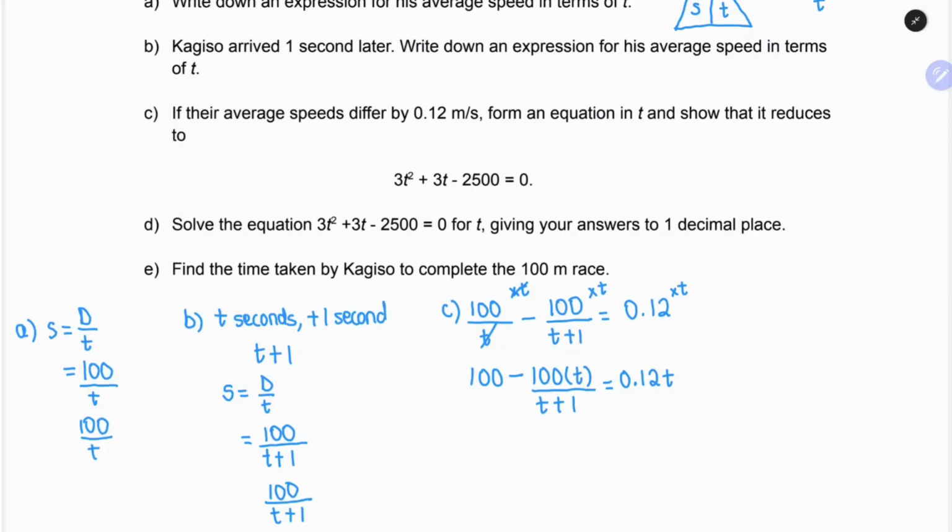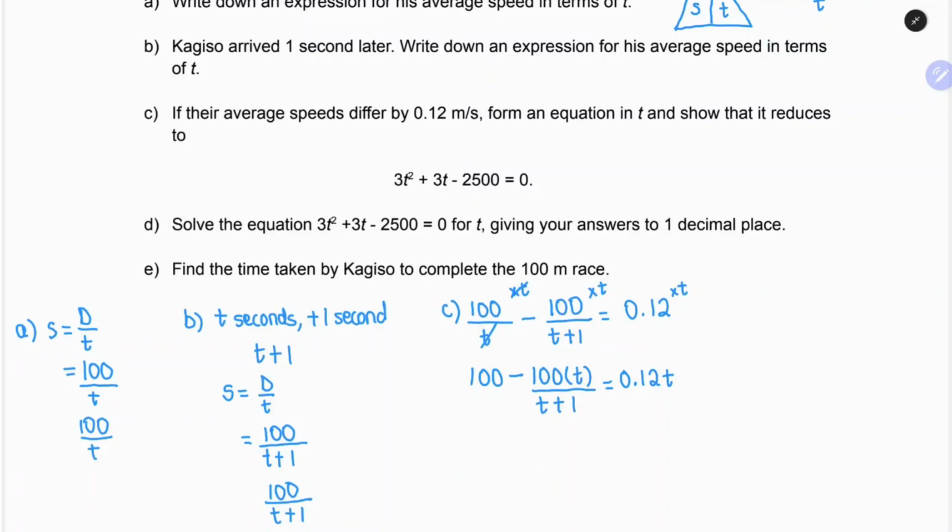Note that I did something here. I didn't do something like cancel this times t with the t and then remain with a plus 1. No, that's not what happens. If it's not a t, it's not the same. If it's a t, a divided by t will cancel out a times t.